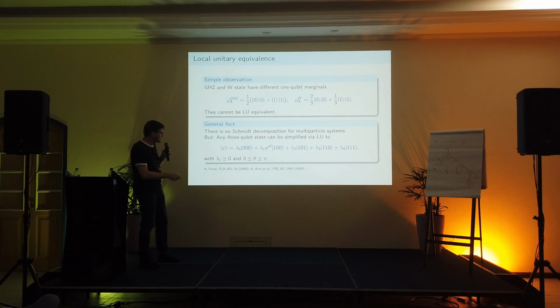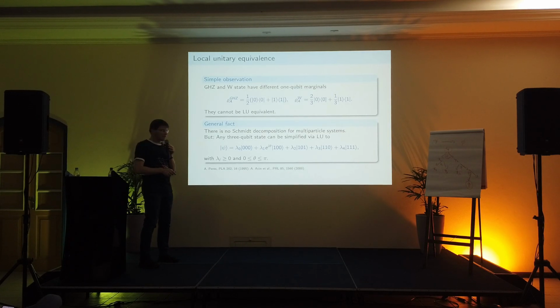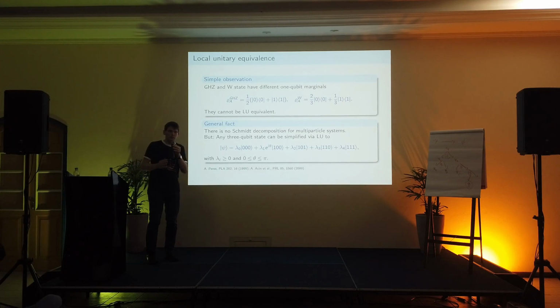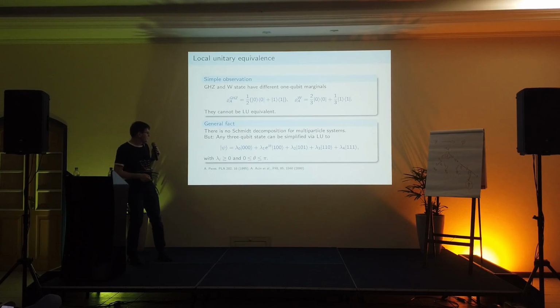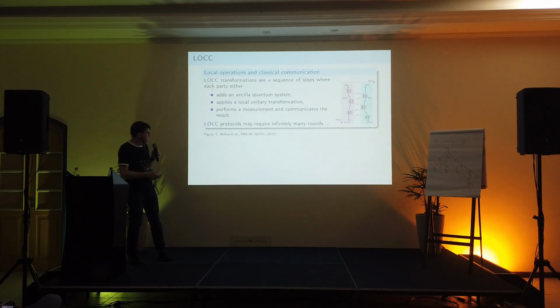And the general state, if you have arbitrary coefficients, belongs to this GHZ class. But the W class is the case where theta is equal to 0 and lambda 4 is also equal to 0. So the W class is a 3-parameter subfamily of the entire state space, which has 5 parameters in this parameterization. So that's what I mean with measure 0. Okay, good.